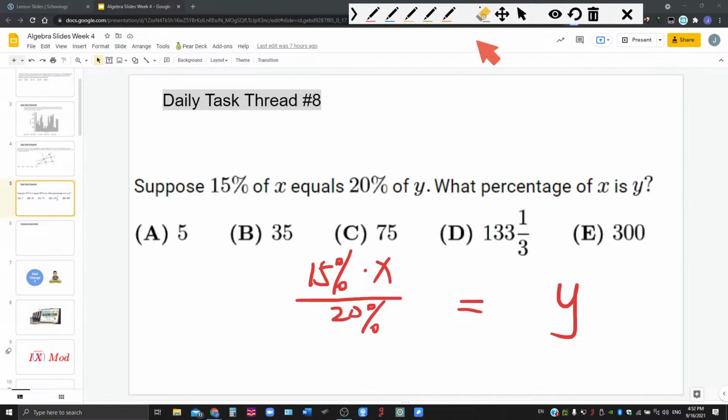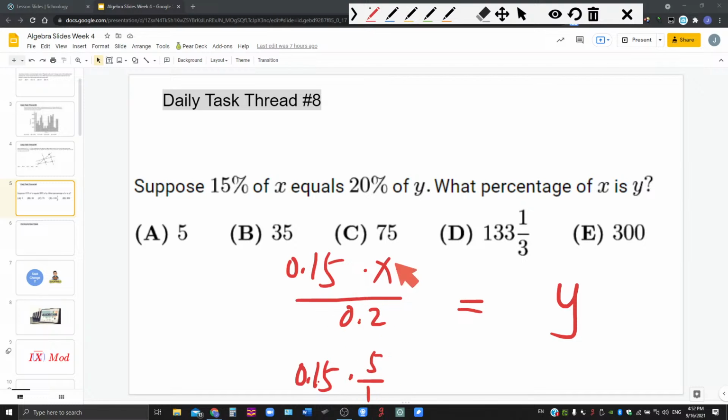You can do it manually, or you can do it with a calculator. This 20%, we can write it as 0.2. 20% is 0.2, 15% is 0.15. Now how can we do 0.15 divided by 0.2? If you divide by 0.2, that's the same as 0.15 divided by 1/5. That's the same as multiplied by 5.